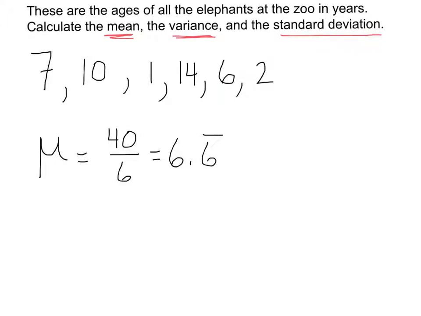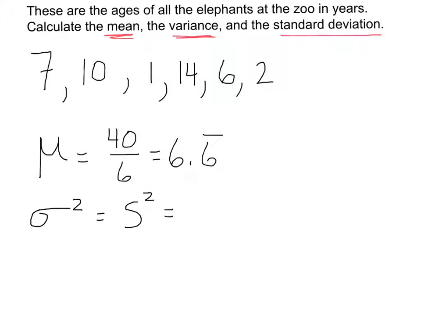We represent variance as sigma squared, or you could write S squared, meaning sigma squared. Here's how you do that. Remember, variance is how far away from the average each individual is.